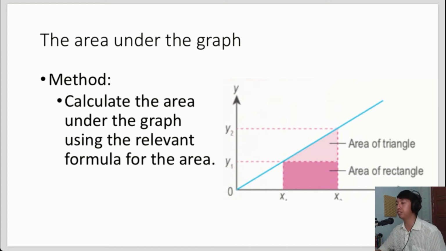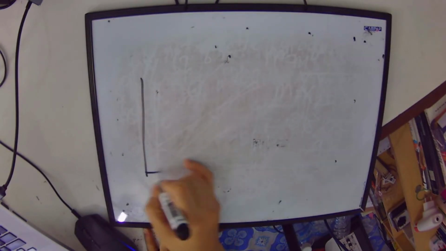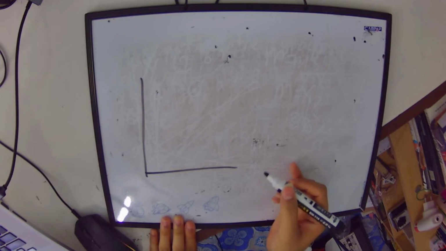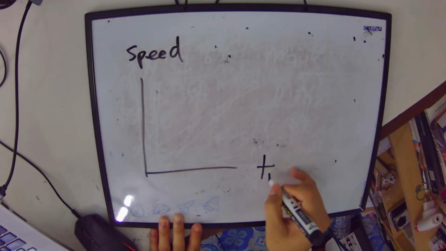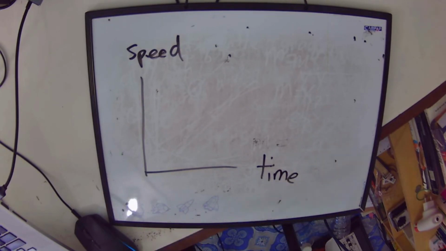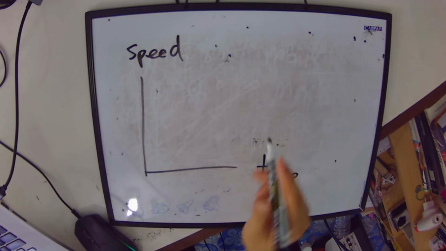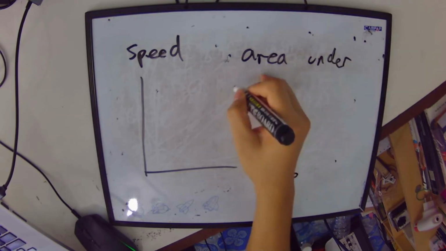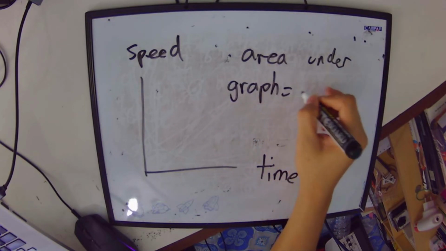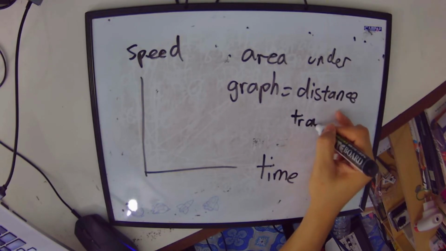For example, kalau graph speed over time, meaning here is speed and here is time, this kind of graph, if you calculate the area under graph will show you distance traveled.